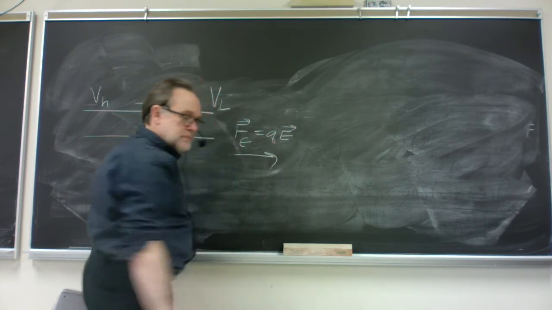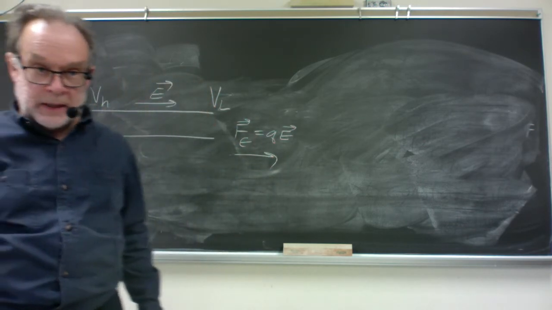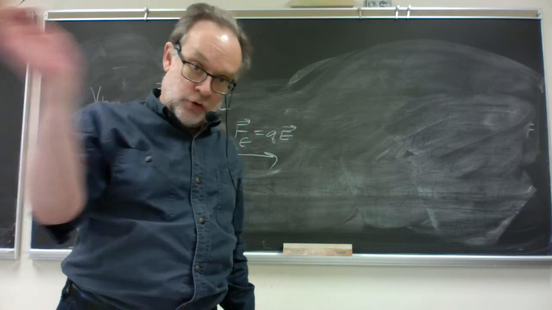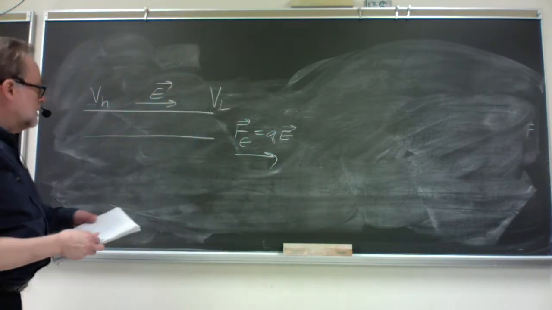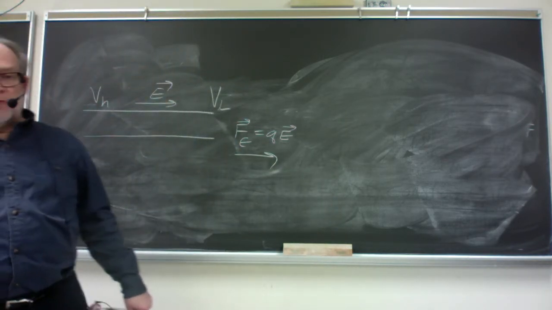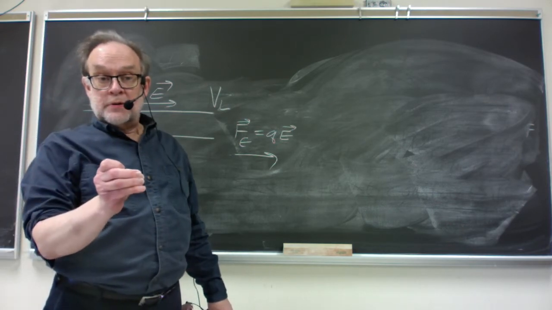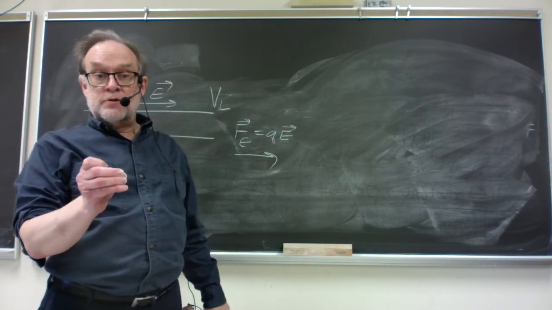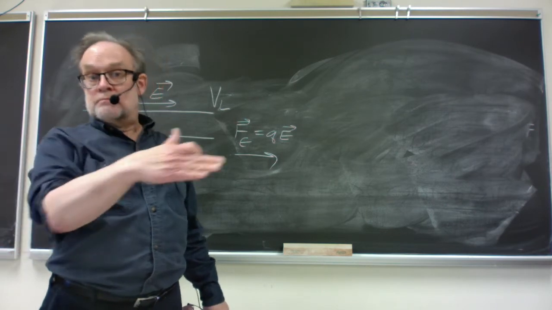And that's a force in that direction, pushing positively charged particles from higher towards lower potential. But as I've said before, there are obstacles in the path of the particles, so their path is not just a straight line.